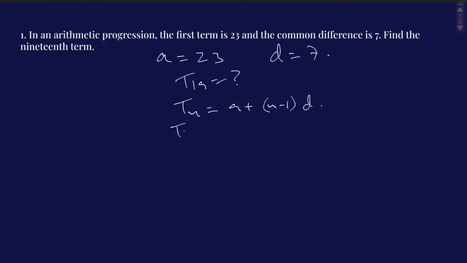So for the 19th term it is 23 plus (19 minus 1, that is 18) into 7. 18 times 7 is 126, and 126 plus 23 is 149. So the 19th term is 149.